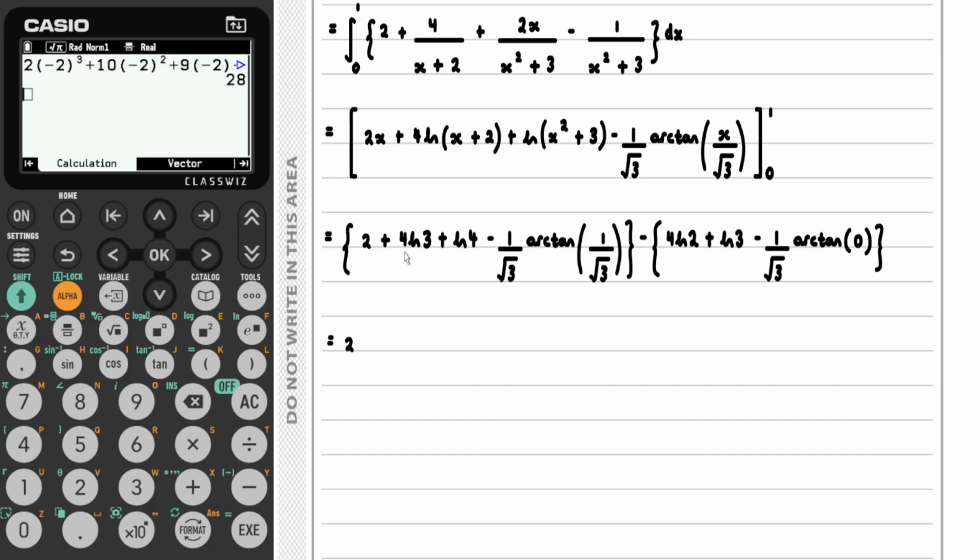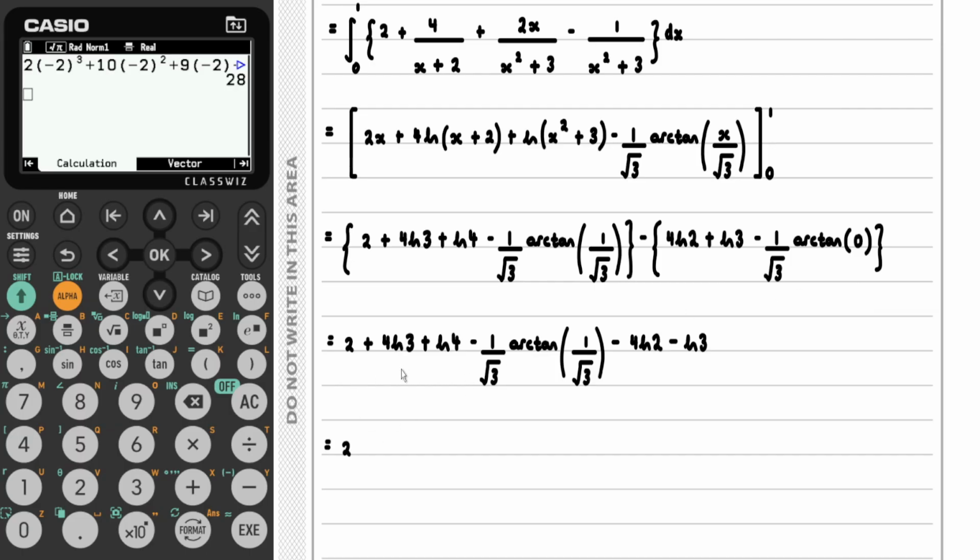So we have 2 plus 4 times the natural log of 3 plus the natural log of 4, subtract 1 over root 3 times the arctangent of 1 over root 3, and then we subtract 4 times the natural log of 2, and we also subtract the natural log of 3, and the arctangent of 0 is just 0.